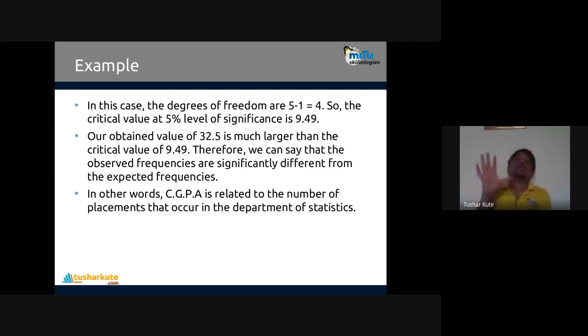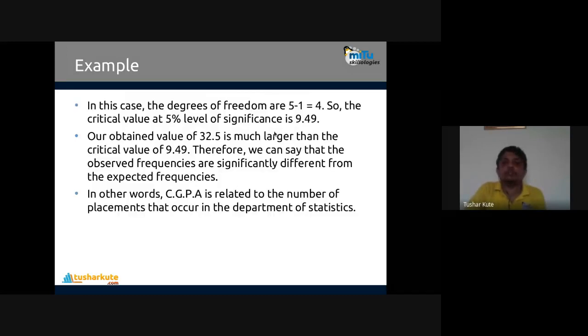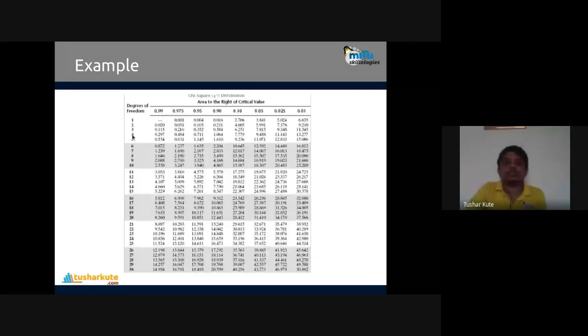Now in this case, the degree of freedom is 4 because we have 5 categories, correct? 5 categories are there. So the critical value at the 5% level of significance is 9.49. So we have degree of freedom 4. You can observe here that the degrees of freedom is mentioned as 4, and here is the significance value 0.05.